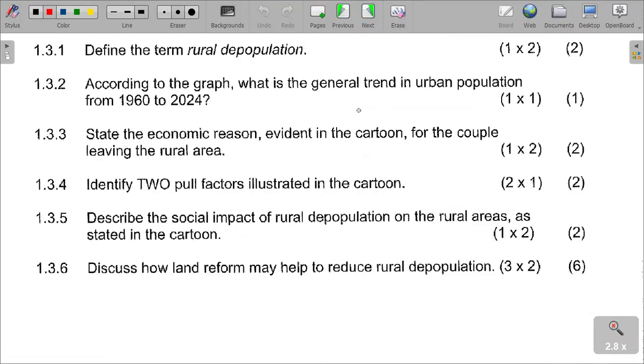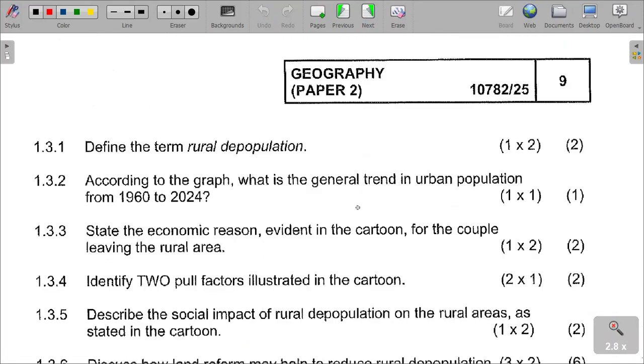Define the term rural depopulation. Rural depopulation, as we see from the graph, is also illustrated. We are looking at a concept which identifies the steady loss of people from the countryside to towns or urban areas.